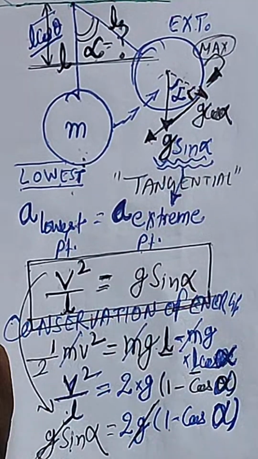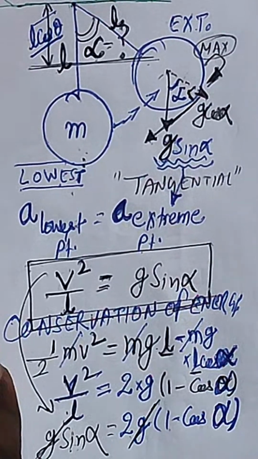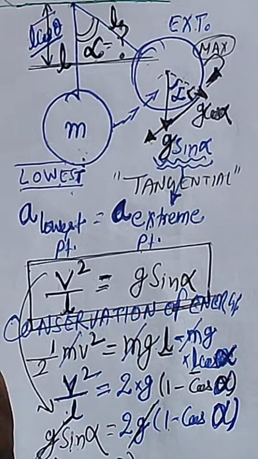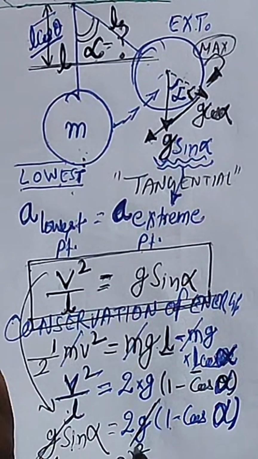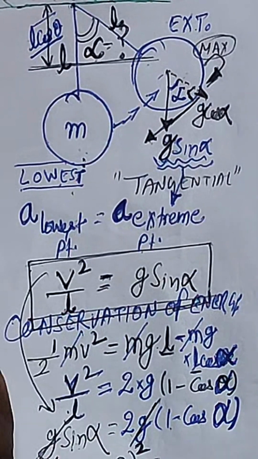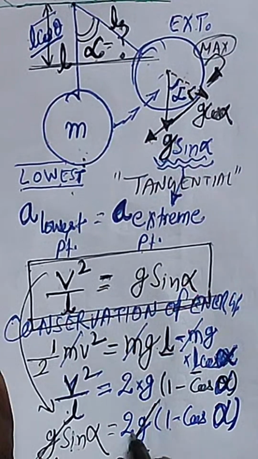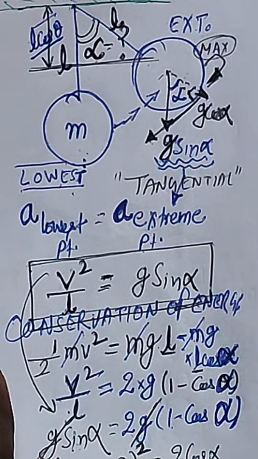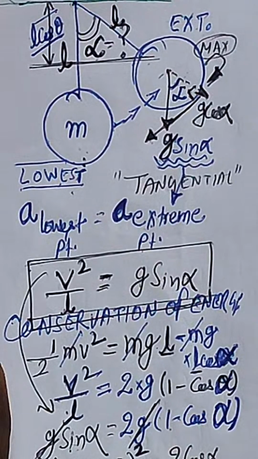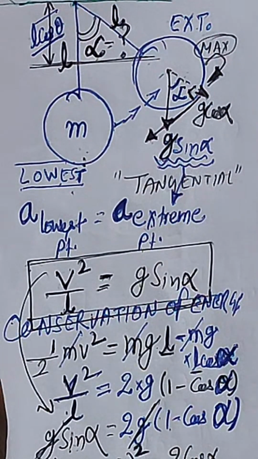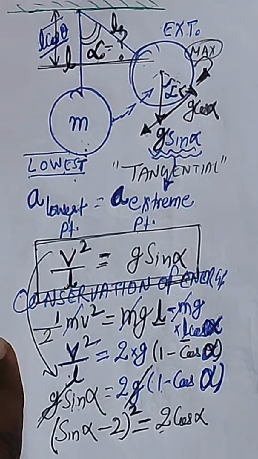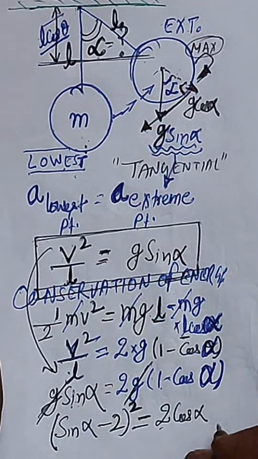I'm just solving it, nothing else, so don't panic. It's a simple step. Moving the 2 to the LHS, sin alpha minus 2 is equal to minus 2 cos alpha. This can be the next step.